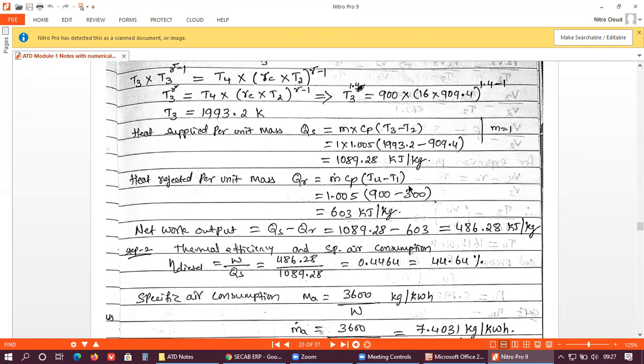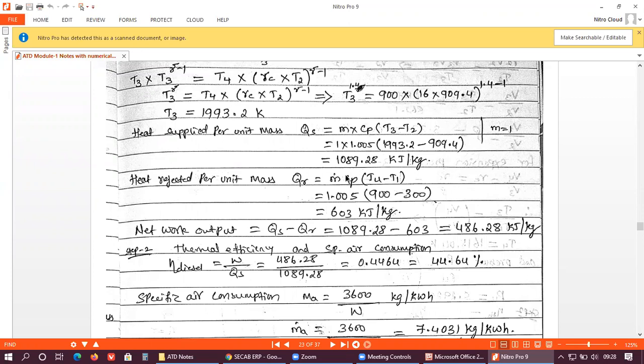I think you are familiar with this because we already used these two expressions while doing the mean effective pressure of the diesel cycle. So this is the equation for heat supplied and this is the equation for heat rejected. The value of Cp will remain constant, 1.005 for air.